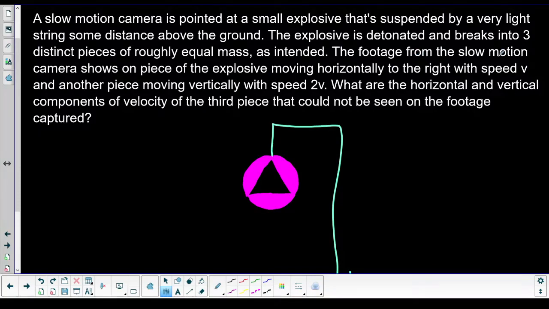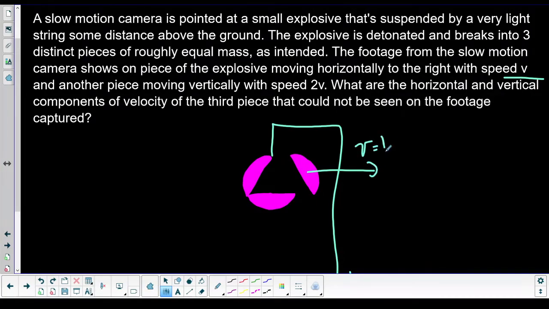The footage from the slow motion camera shows one piece of the explosive moving horizontally to the right with a speed of v. So let's pick this piece. This piece is going to explode and go that way with a velocity of v.